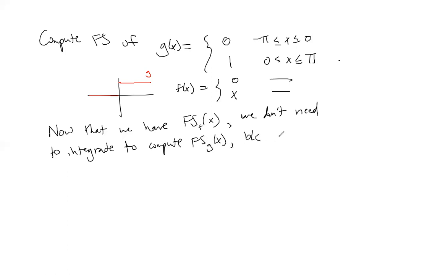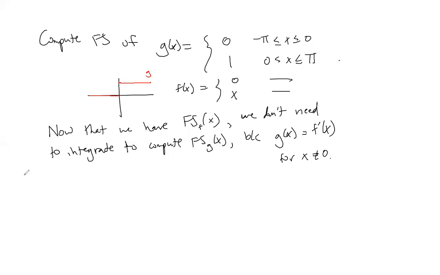We see that g actually equals just the derivative of f, so g of x equals f prime of x for x not equal to 0. So almost everywhere, except for finitely many points, since the derivative is not defined at 0, it's the derivative.